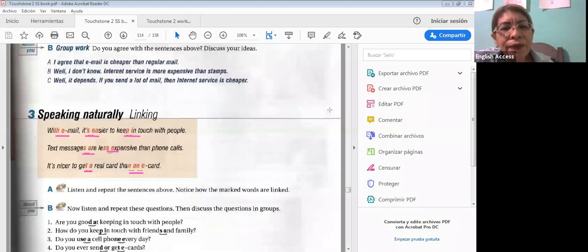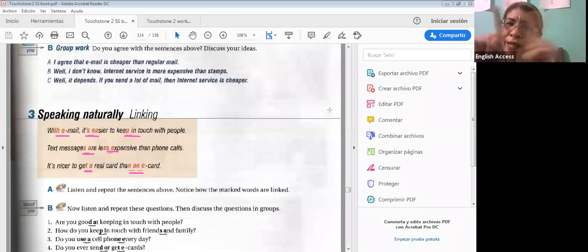We are going to imagine that we have these words together. For example, number 1, with email. We have two words, with email. But as we can see, we have a line below these two words. That means that instead of saying with email, we're going to imagine that we have only one word, with email.